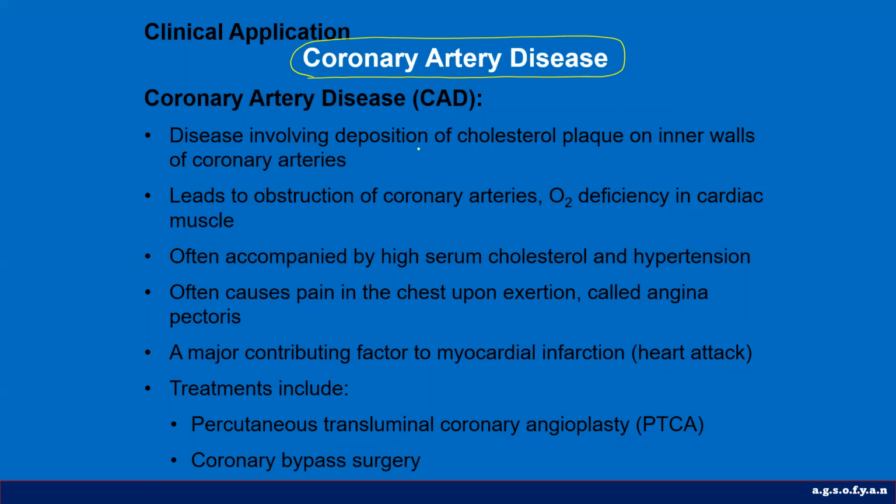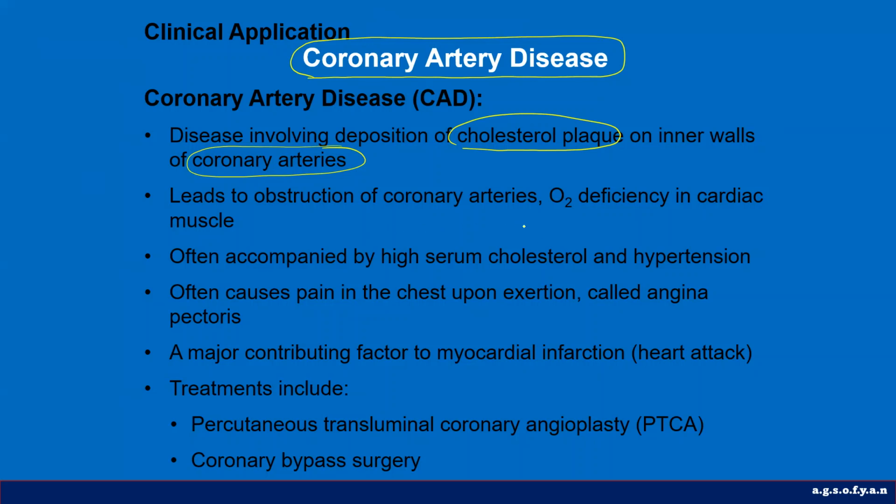This involves the deposition of cholesterol plaque in the inner wall of the coronary arteries. Remember, there are two coronary arteries, left and right, and these two will branch into two other arteries. So it's going to be a total of 4 arteries that carry blood to the cardiac muscles.